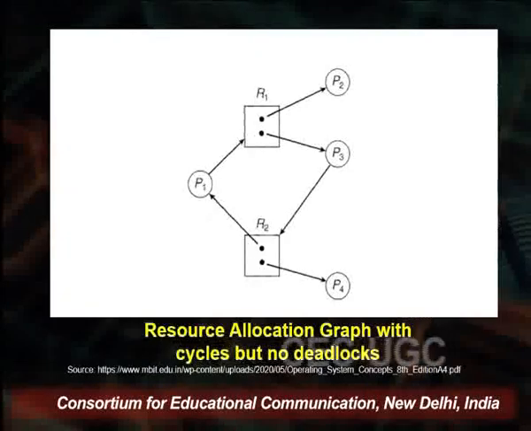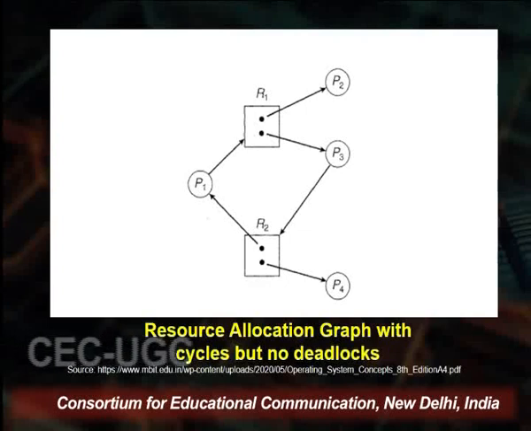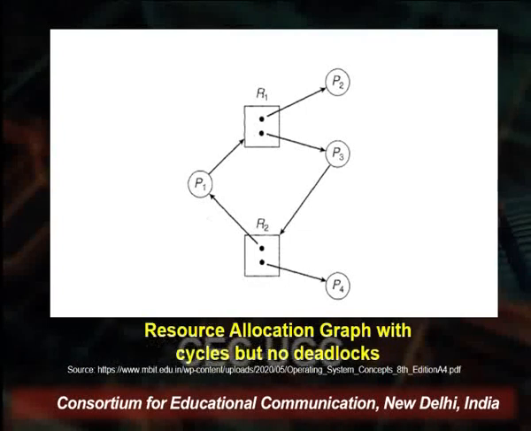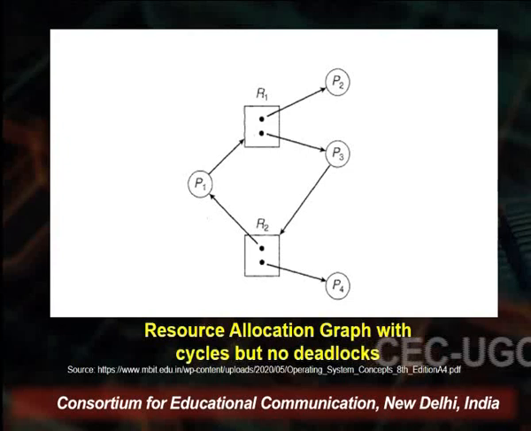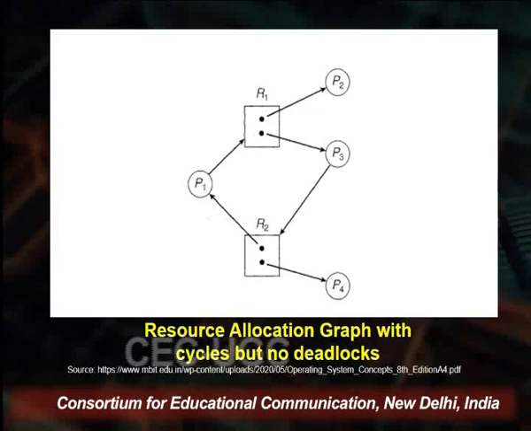One instance of R2 is held by P4. Now P3 has requested R2 and is waiting for that resource to be released. If P4 releases the resource R2, that instance will be acquired by P3.